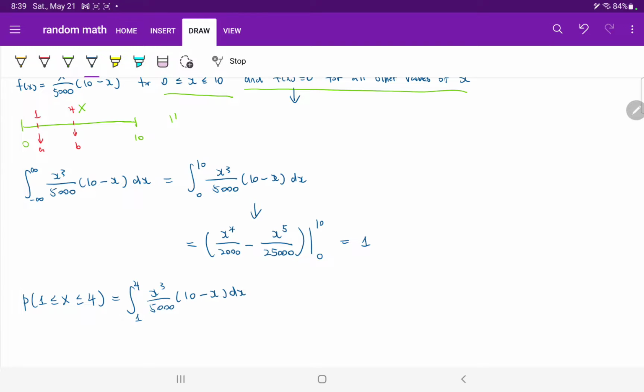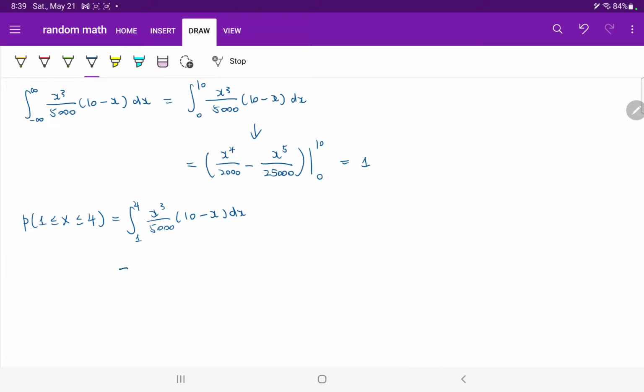So we integrate this. It's the same antiderivative, which is x to the power of 4 over 2,000 minus x to the power of 5 over 25,000, from 1 to 4.